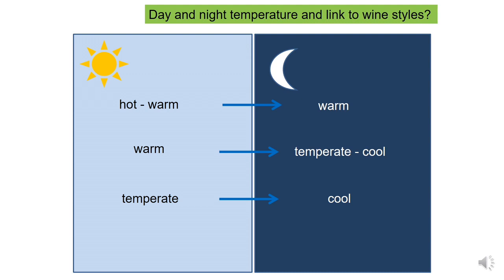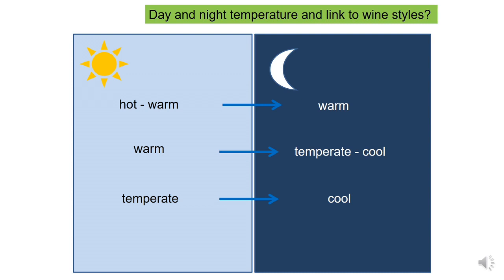Worldwide, you have different types of climate, as you already know. For example, you will have warm regions, temperate regions, cool regions. You will have tropical climates, etc. While studying the effect of temperature on vine functioning and berry ripening, it's important to assess the temperature during the day, but as well the temperature during the night.